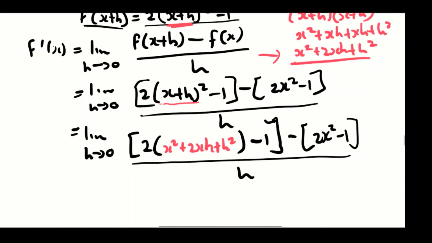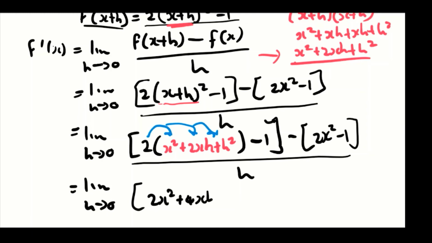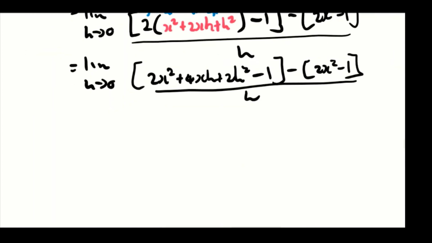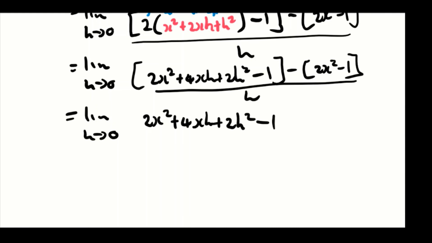What's going to happen is this 2 will multiply everything inside here. So we'll have the limit as h approaches 0 of 2x squared plus 4xh plus 2h squared minus 1, minus 2x squared minus 1, divided by h.